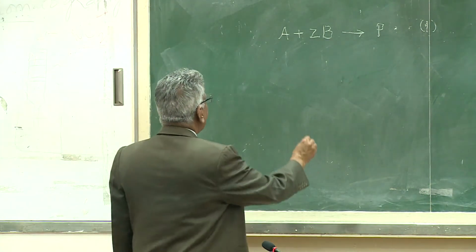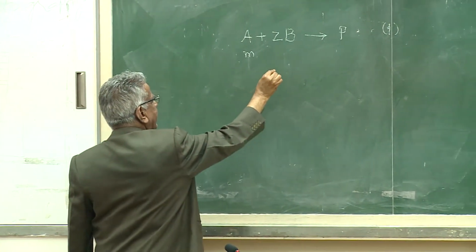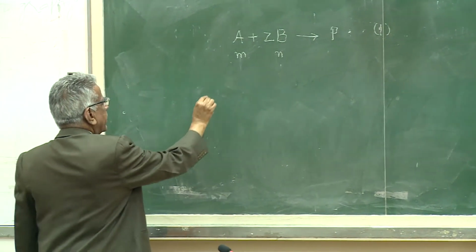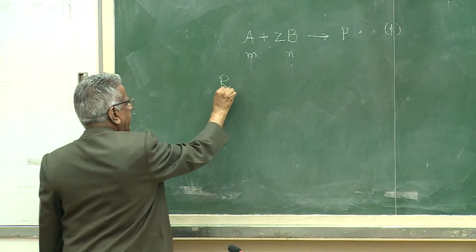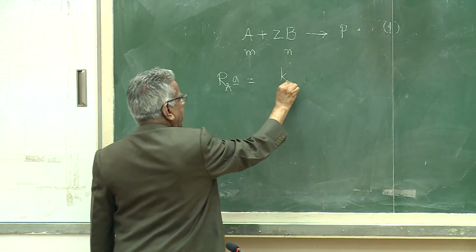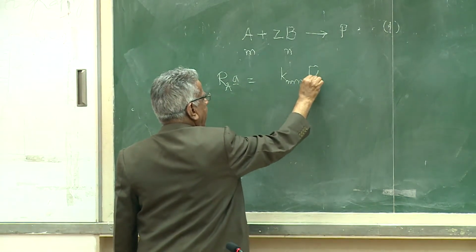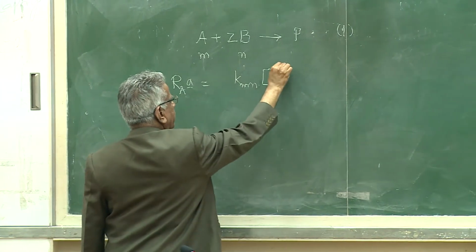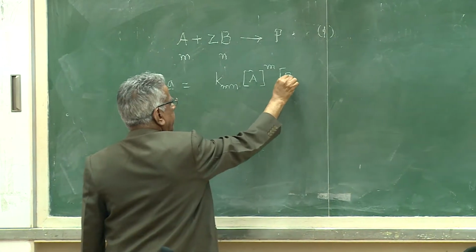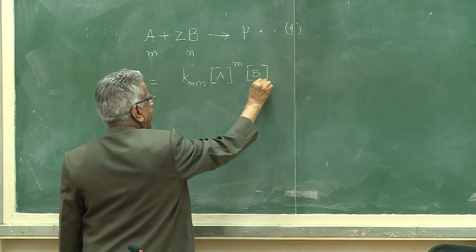If the order with respect to A is m, with respect to B is n, then we write the overall rate, which we have written before also, is equal to k_mn. Right now, I will write only A raised to m, and the liquid phase concentration is B raised to n.